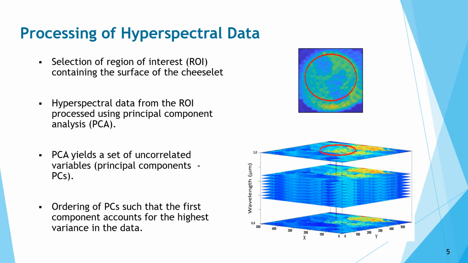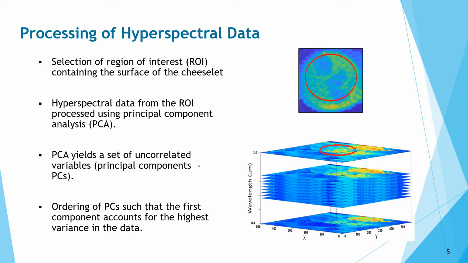The idea behind principal component analysis is to start with a set of correlated variables. What we mean by that in this case is that we're starting with pixels that share similar or common spectrum for different regions of the cheeselet, and eventually end up with a set of principal components that effectively represent uncorrelated variables.